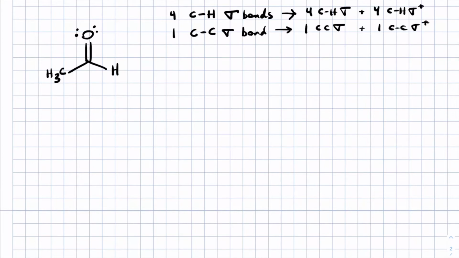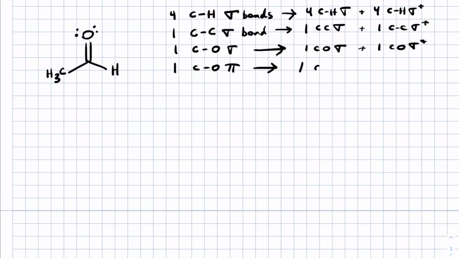Then let's see, I have a carbon-oxygen sigma bond. So I'm going to need a carbon-oxygen sigma orbital and a carbon-oxygen sigma star. I have 1 carbon-oxygen pi bond, which means I should have a carbon-oxygen pi orbital and a carbon-oxygen pi star.